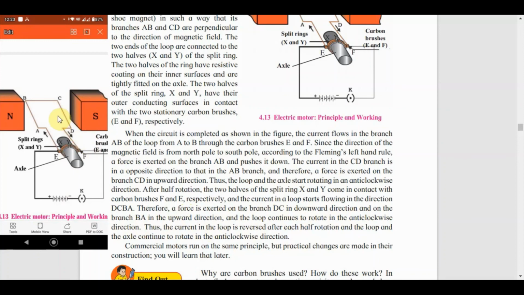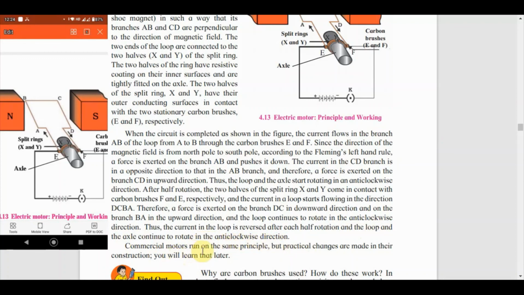Obviously CD will have the force in the downward direction, and AB will have the force in the upward direction. Thus the current in the loop is reversed after each half rotation, and the loop and the axle continue to rotate in the anti-clockwise direction.